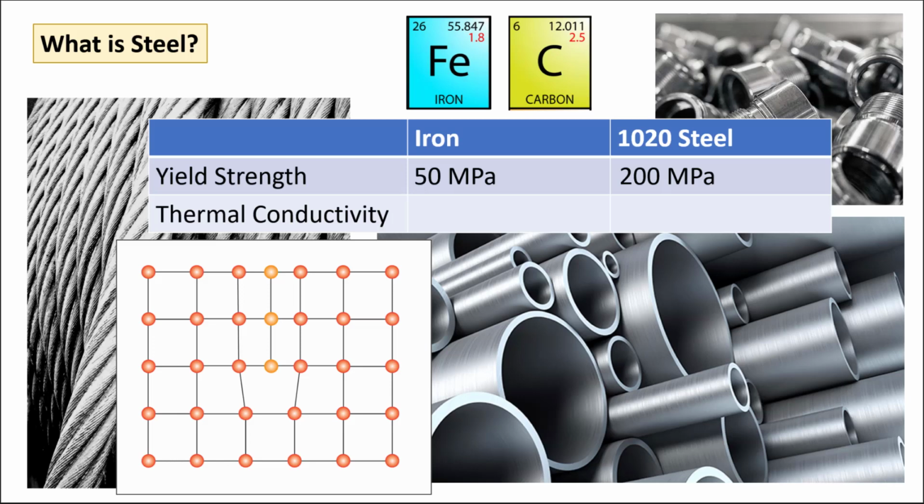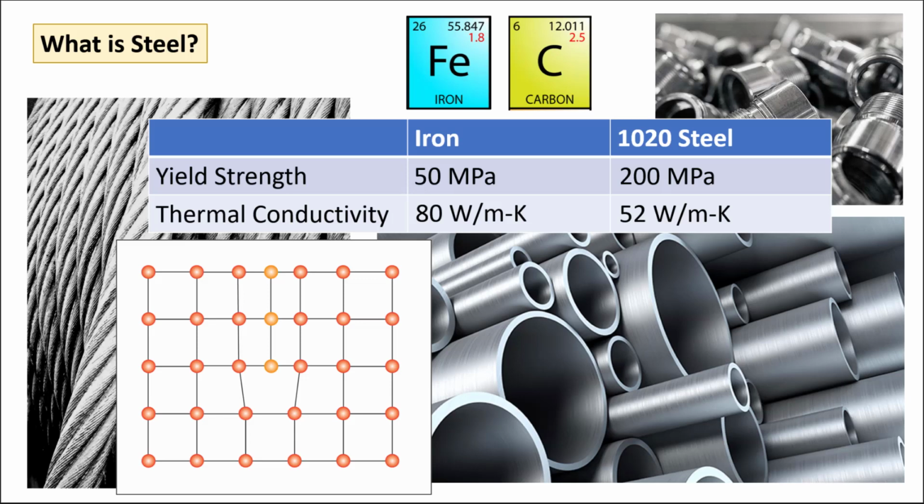The thermal conductivity of pure iron is 80 watts per meter K. And the thermal conductivity of 1020 steel is 52 watts per meter K. The thermal conductivity of 1020 steel is less than pure iron. Why is this? Well, heat is transferred through two mechanisms, the motion of electrons and the vibration of the crystal lattice.